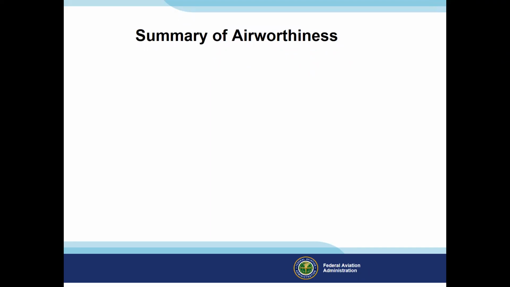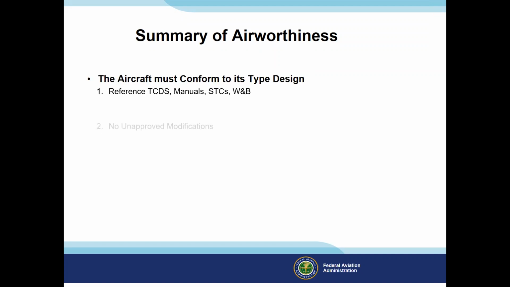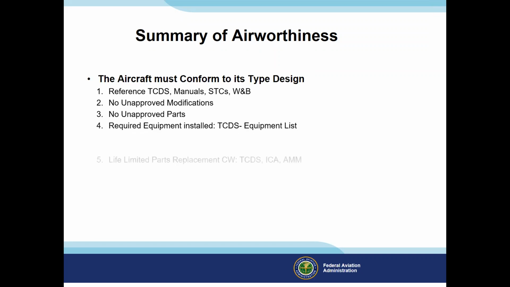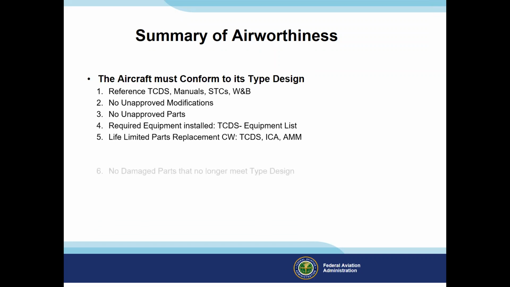So to summarize airworthiness, what we talked about tonight: the aircraft must conform to its type design. You need to reference the type certificate data sheet, the manuals, STCs if there are any installed in the aircraft, and the weight and balance. There can't be any unapproved modifications or unapproved parts.